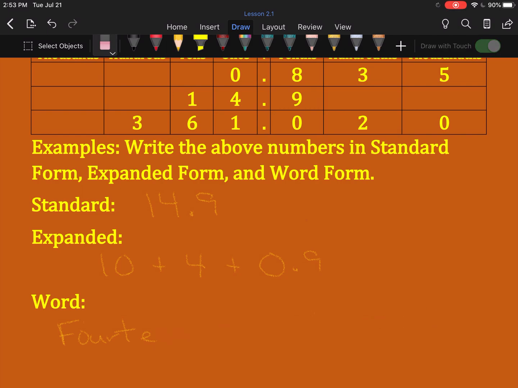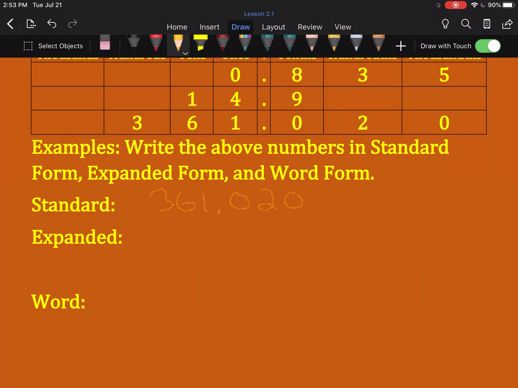And again, I need to get rid of this so I can do the last number here. And this is the one I suggest everybody copy if you haven't been copying along, and that's okay. Standard form, this is 361.020. And since I gave it to you with that last zero on the end, you can't drop it off now. Sorry.